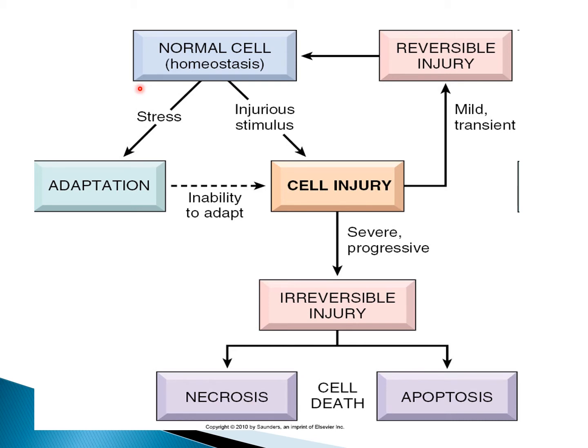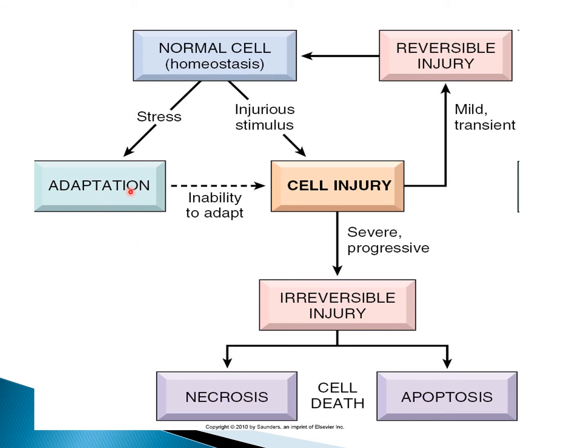If this cell is exposed to any stress, physiologic stress, or a mild injurious stimulus, the first response of the cell is to do adaptation. Like a person who is exposed to any stress in their life, the first thing they do is try to adapt. The same applies here. So first, the cell will try to adapt.